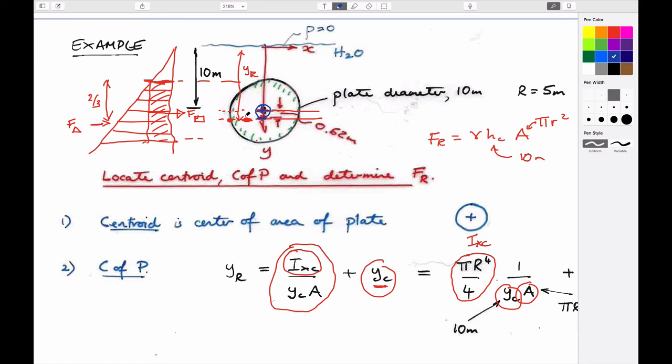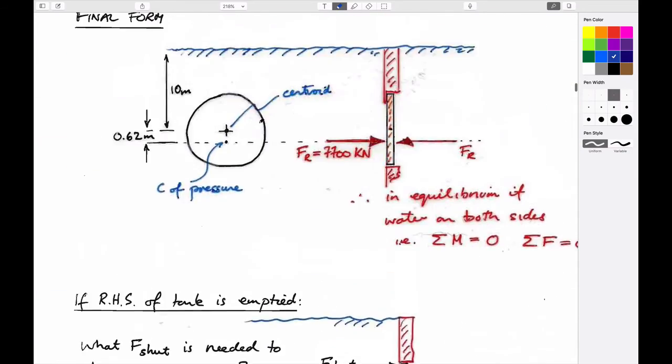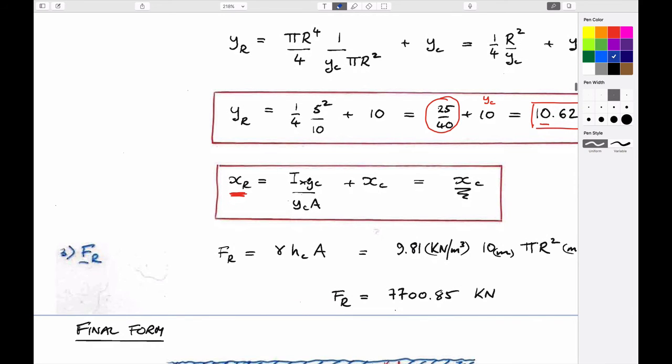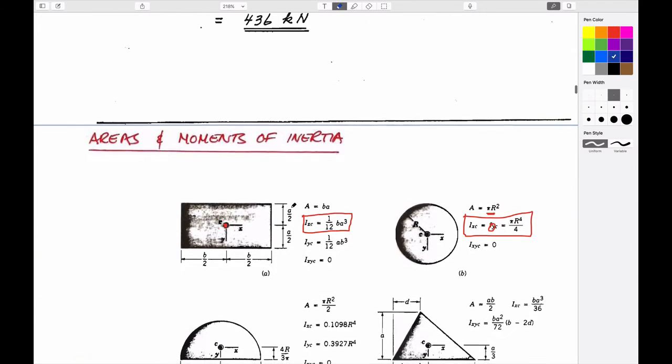And now it's going to look for the moments around the centroid in the other axis, which is the vertical, which is around the y-axis in this case. And it's going to find out just by symmetry, if you use this expression here, this is the standard result.